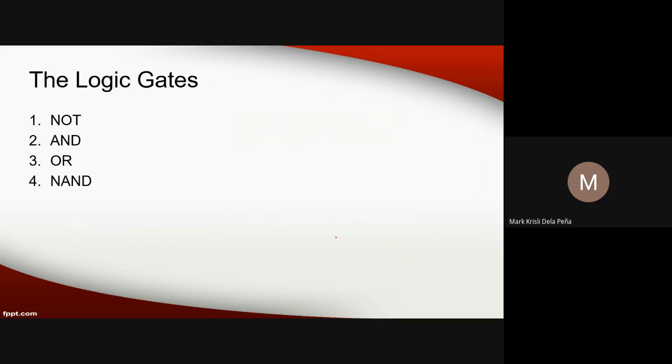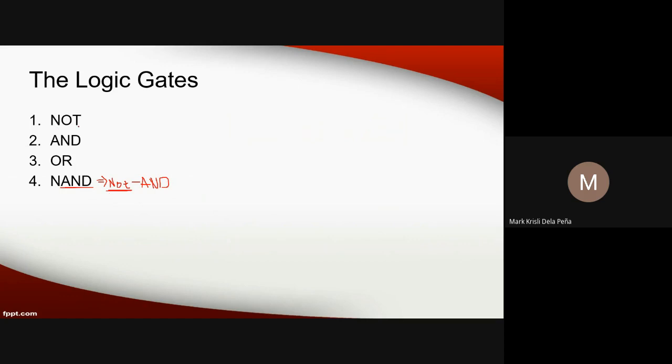Next is the NAND. So what is NAND? Take note of this. You have here AND. This is just equivalent to NOT AND. Recall this one: NOT means AND is being negated.